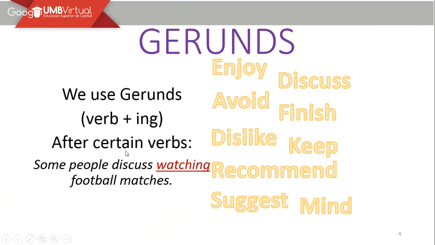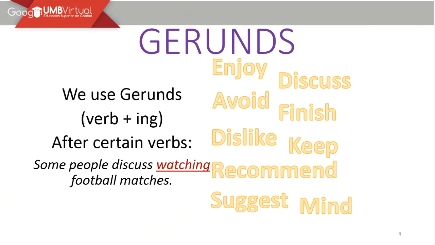Like for example, discuss right here, as you can see: discuss watching, discuss walking, discuss traveling. Yes, there are different options, but just taking into account the correct way, we have to use the grammar part to make those examples correct. Okay, avoid. What is the meaning of avoid? Evitar.